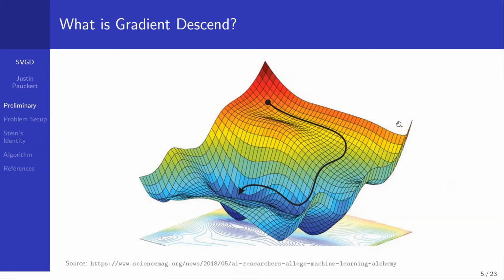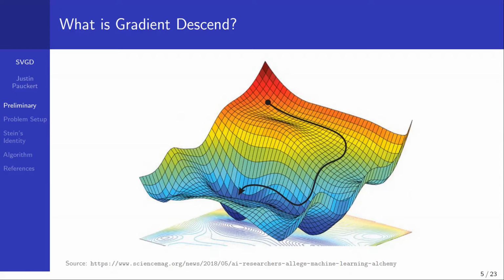This is what we are going to be doing. We are going to have some sort of an error function for distributions. So we're going to have a target distribution that we're trying to approximate, and then we're going to use gradient descent to have a good approximation and to minimize this error function.